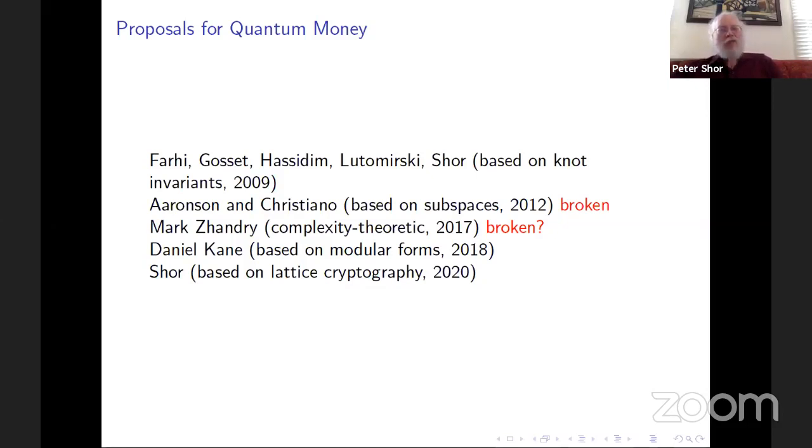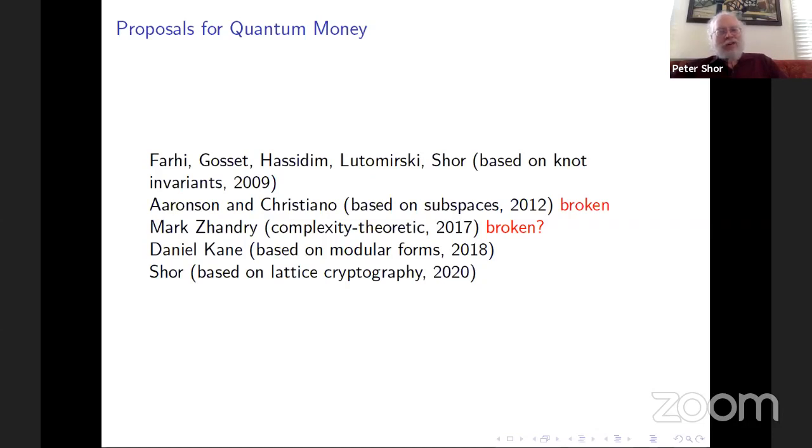Aaronson and Christiano proposed quantum money a few years later, but it's been broken. Abdullah Farhi and colleagues proposed a complexity theoretic construction of quantum money. And I have heard that it's been broken, but I haven't seen the paper that actually breaks it yet, so I don't know its status.